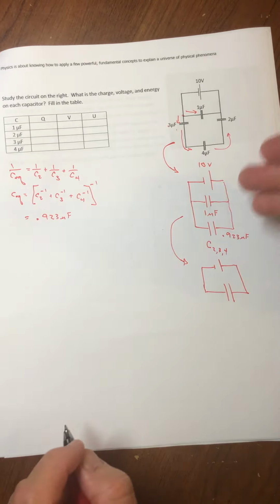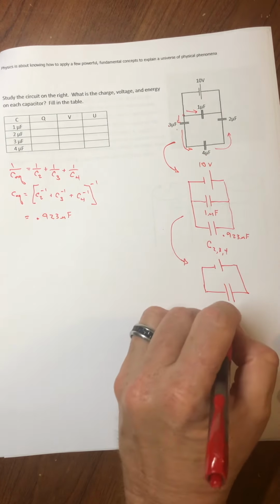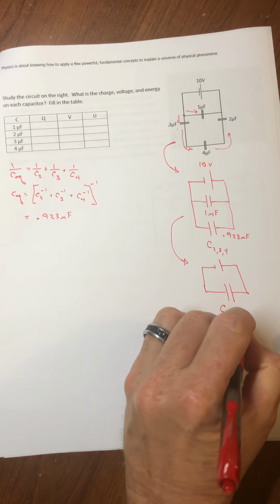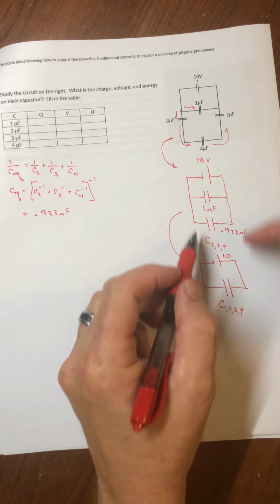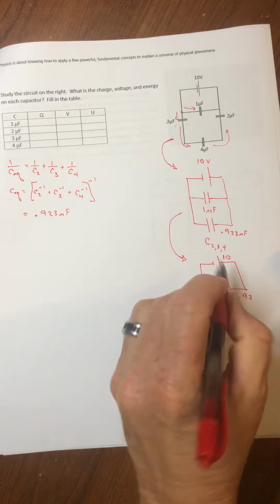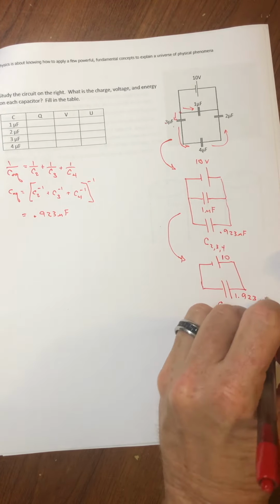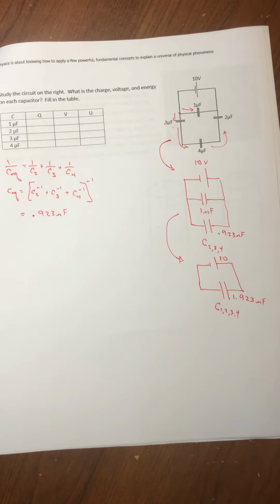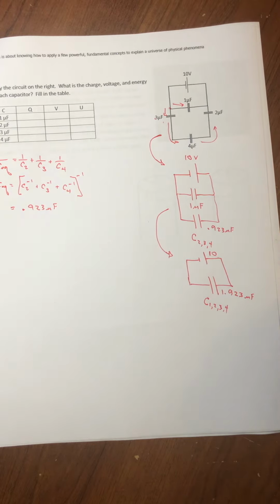So we can get the equivalent of those 2 and what you might call the equivalent of all 4 of them. And again, since they're in parallel, you just add. So I'm just going to add a 1 to my 0.923. Okay? And so this is what I call the equivalent of the equivalent.